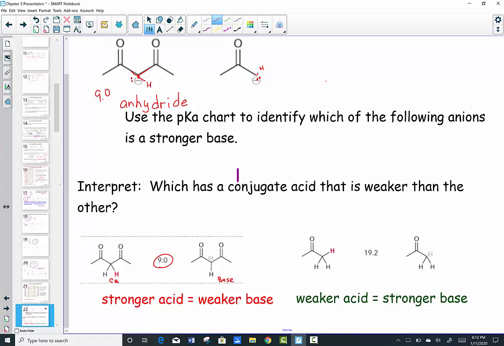The bigger pKa value meant that was a weaker acid, therefore this was the stronger base. The bigger pKa tells me that that conjugate base is stronger than the conjugate base on the other side. That's our answer.